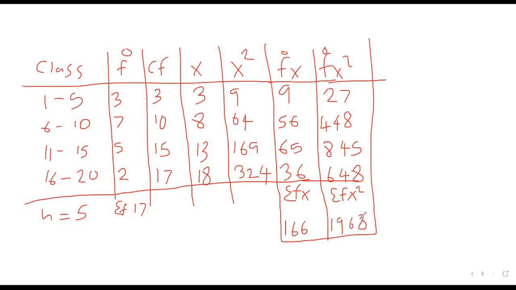So after finding this, our mean for the group data is the summation of fx over the summation of frequency. 166 over 17 is called our mean for group data.